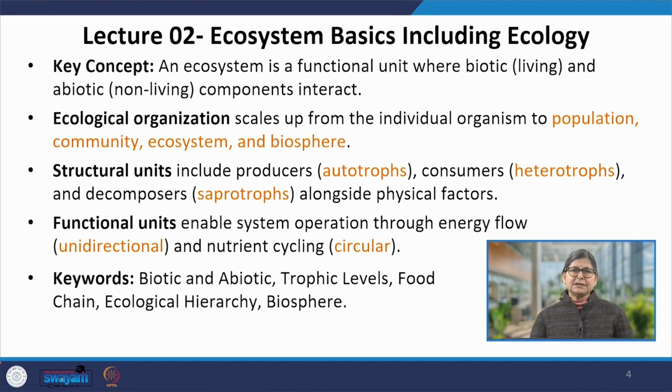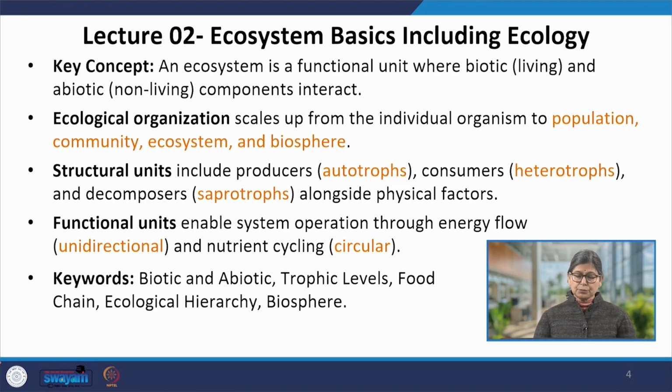The next lecture was on ecosystem basics, including ecology. The key concept was an ecosystem, which is a functional unit where the biotic, the living, and the abiotic, the non-living components interact. Ecological organization scales up from the individual organism to population, community, ecosystem, and biosphere.